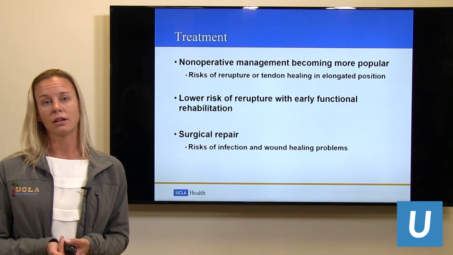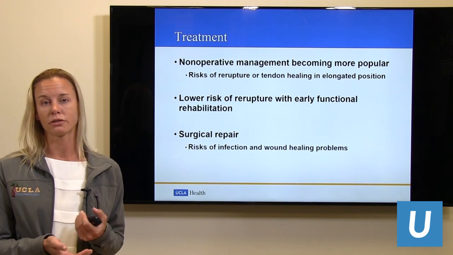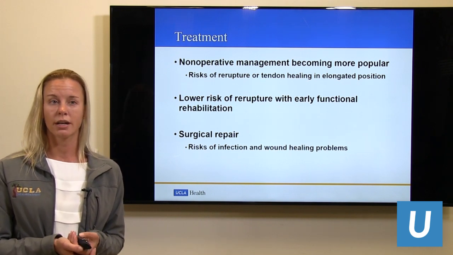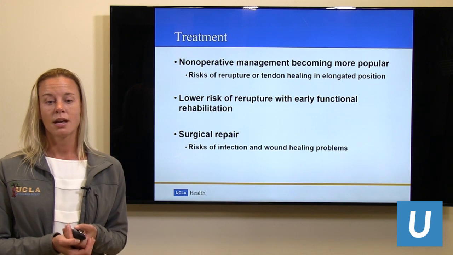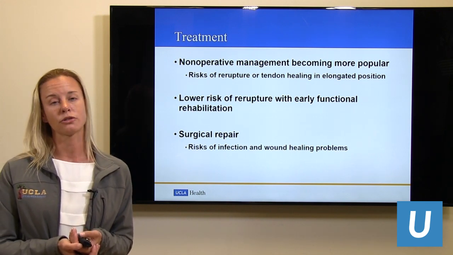Historically, this used to be an injury that was always treated with surgery, just because the results in terms of how much power you had in getting back to activity and the risk of re-rupture were much better with surgery.